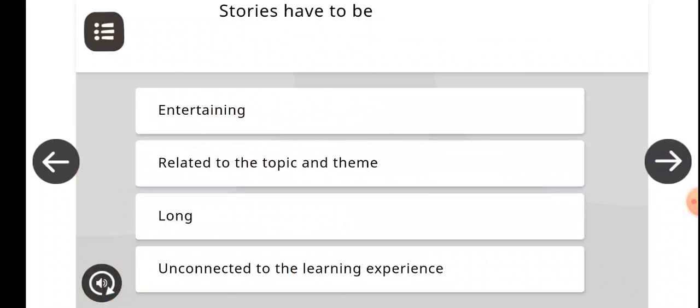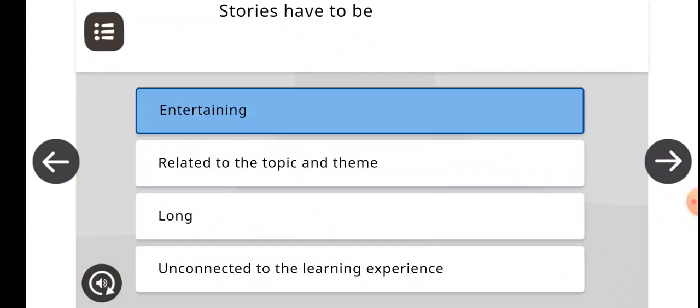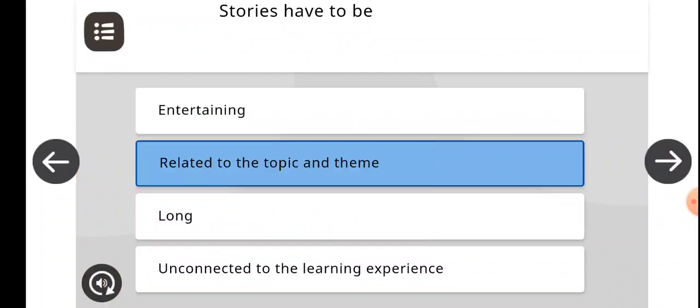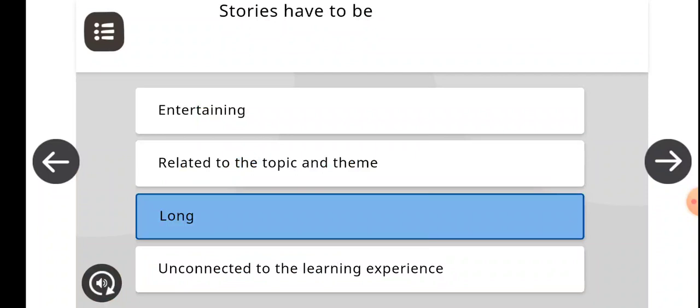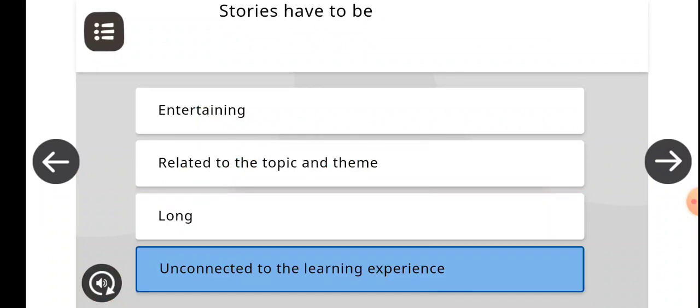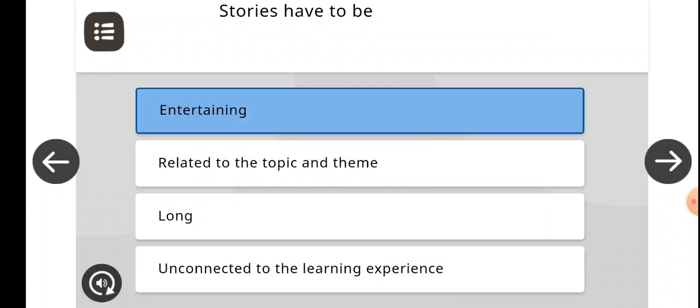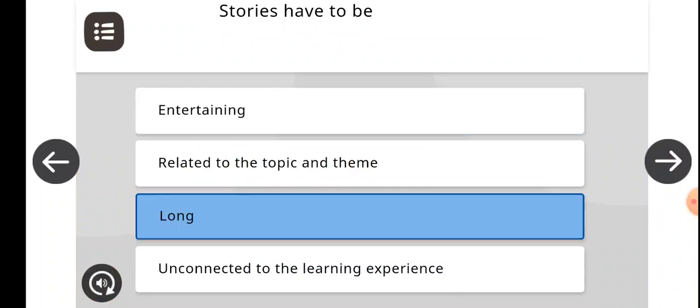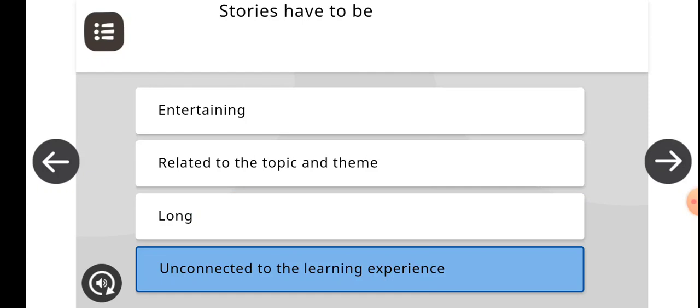How should stories be? Are they entertaining, or related to a topic and theme, or long, or unconnected to the learning experience? Of course, stories are entertaining, and they are not too long, and being unconnected to the learning experience is not right.